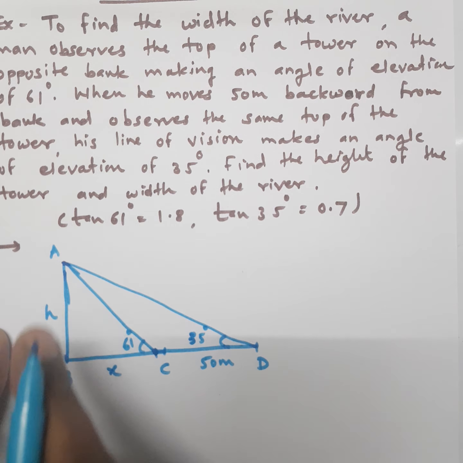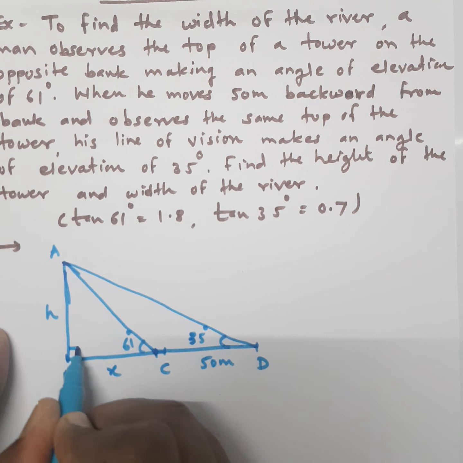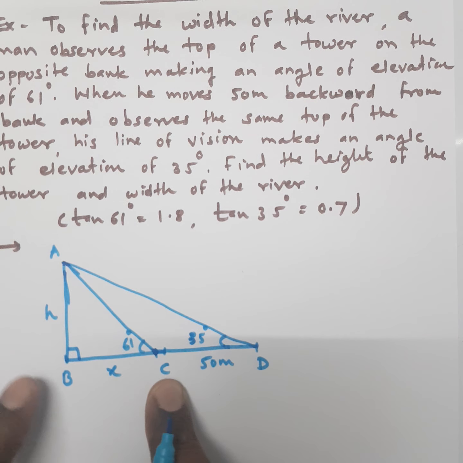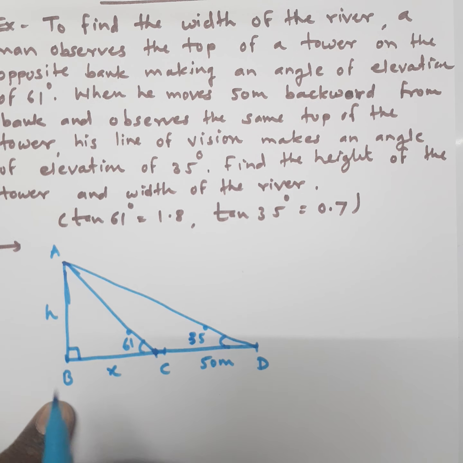See again, AB is the tower. The tower is always perpendicular to the ground. BC is the river. The observer first at point C observes the top of the tower and makes an angle of elevation 61 degree.